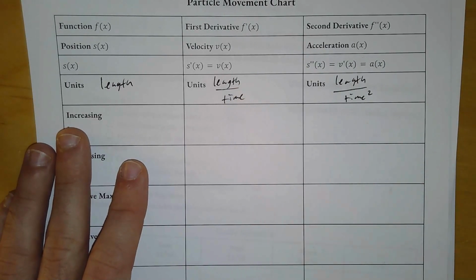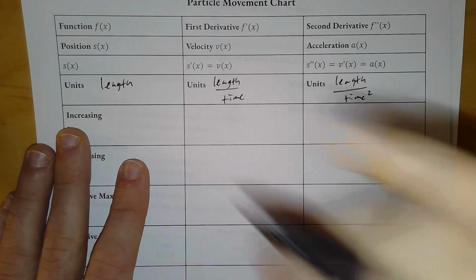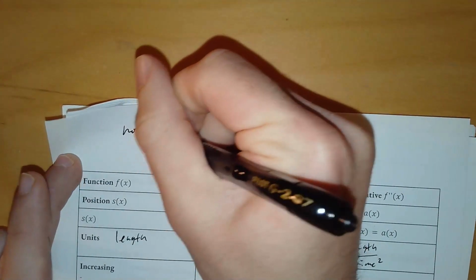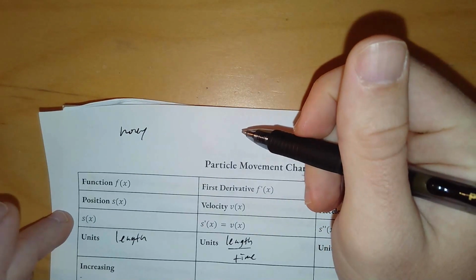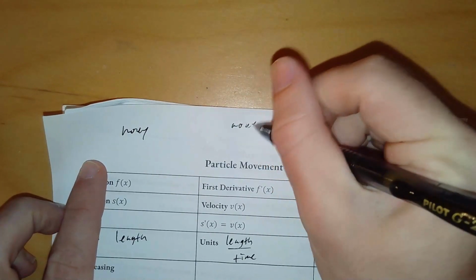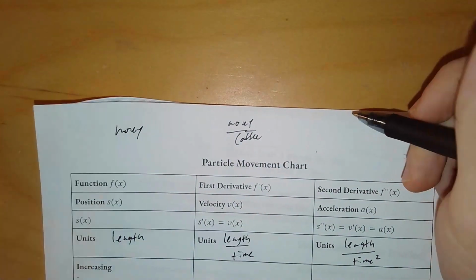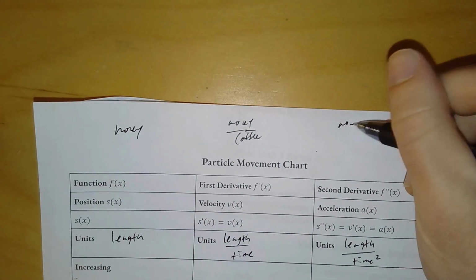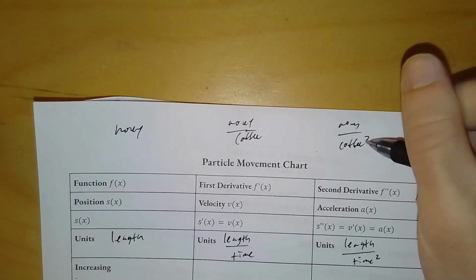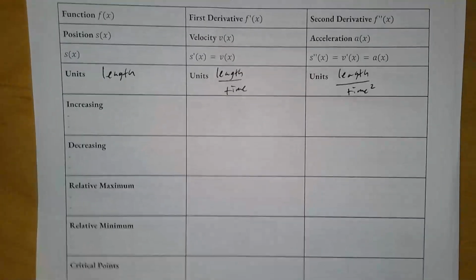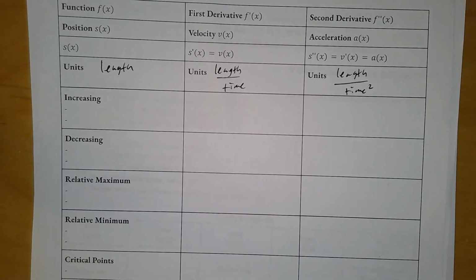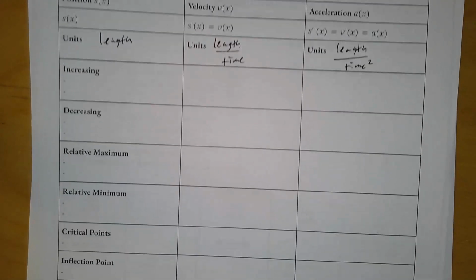If you're doing money per coffee, it would be money for the quantity, money per coffee for the rate, and then for the rate of the rate, money per coffee squared, right? So it doesn't matter what the words are, it always follows that structure. Just want to make sure that's clear.